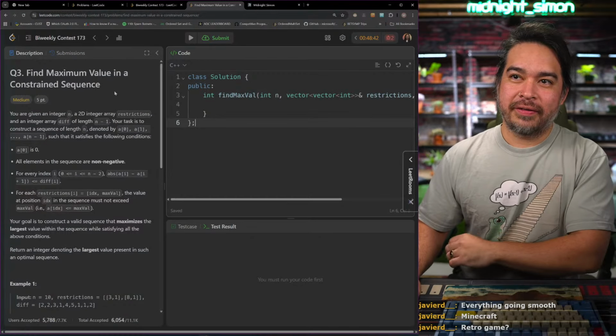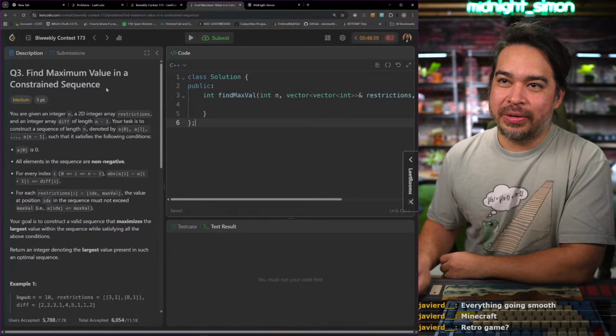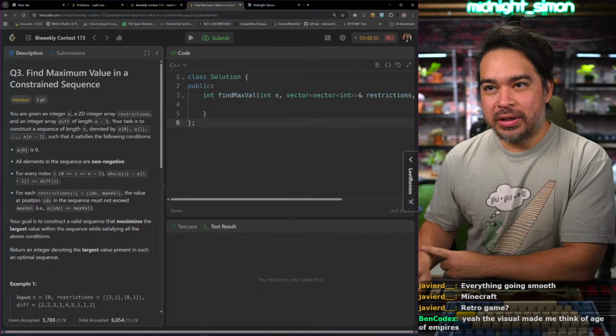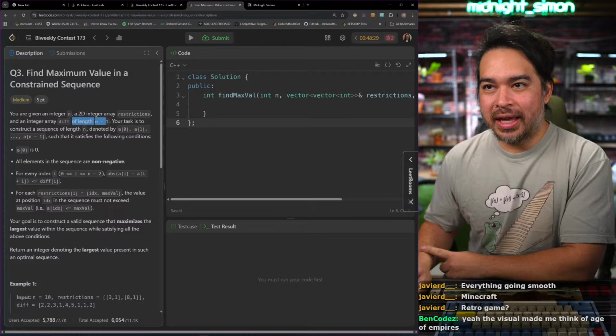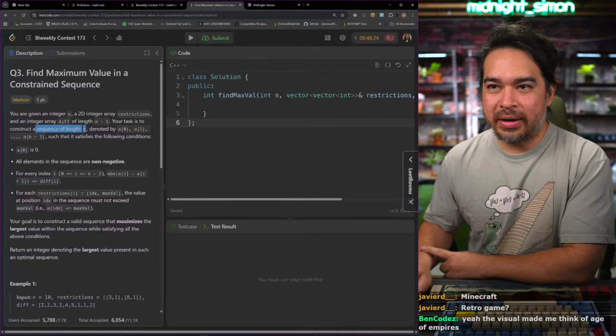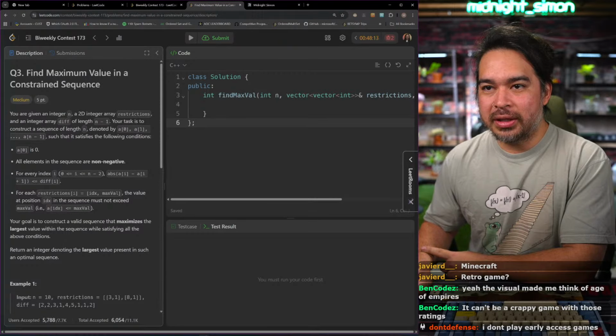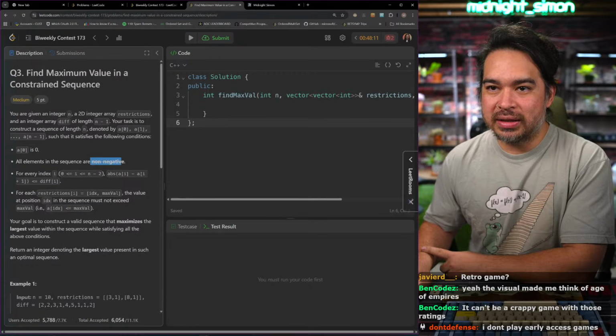Anyways, Q3. Find maximum value in a constrained sequence. You're given an integer n, a 2D integer array restrictions, and an integer array diff of length n-1. Your task is to construct a sequence of length n, denoted by a0, a1 to a(n-1), such that it satisfies the following conditions. a0 is 0, and all elements in the sequence are non-negative.